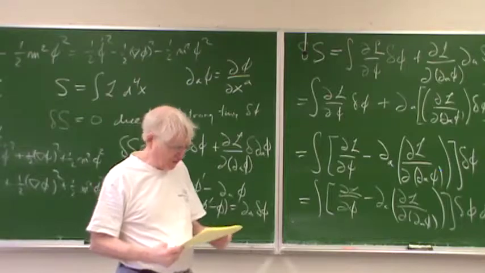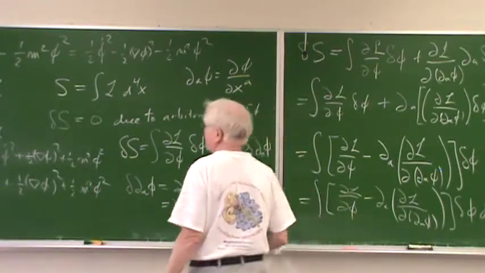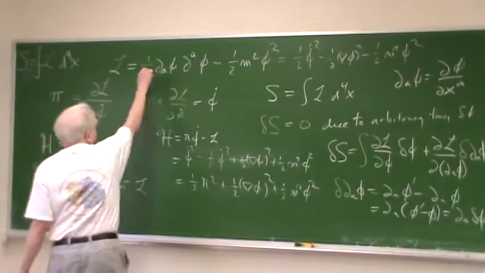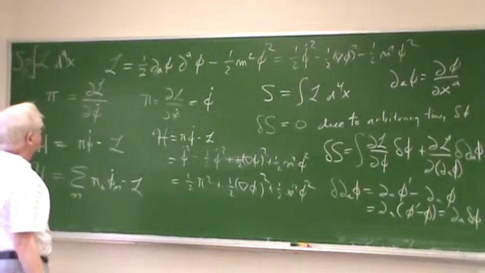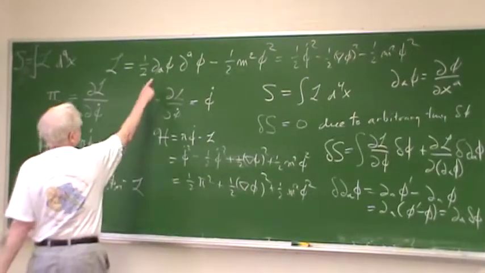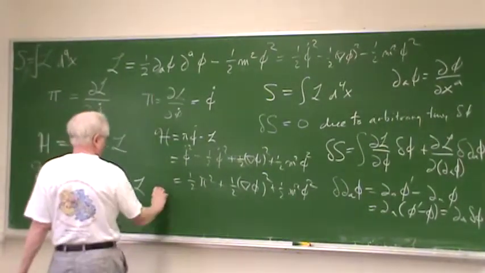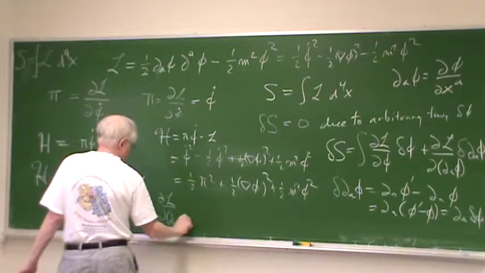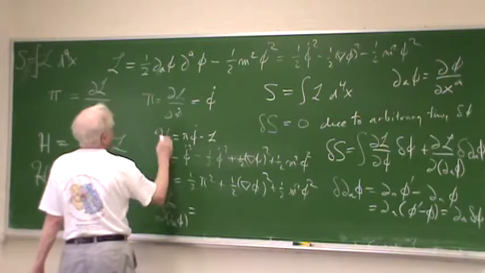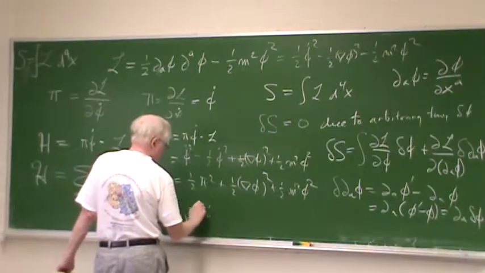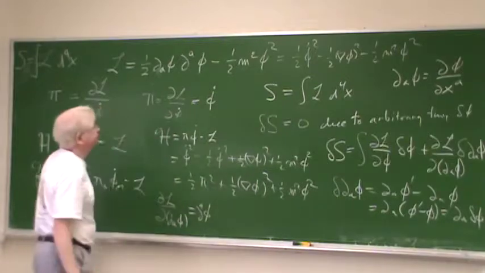Okay. Well, let me give an example of this. The example of this, of course, would be this particular action density. And if I take the derivative, partial L, partial d_A phi, well, it comes in twice, so it's just d upper A of phi.